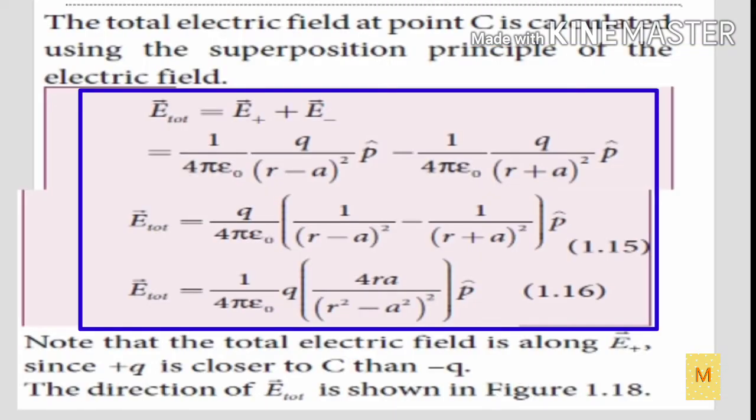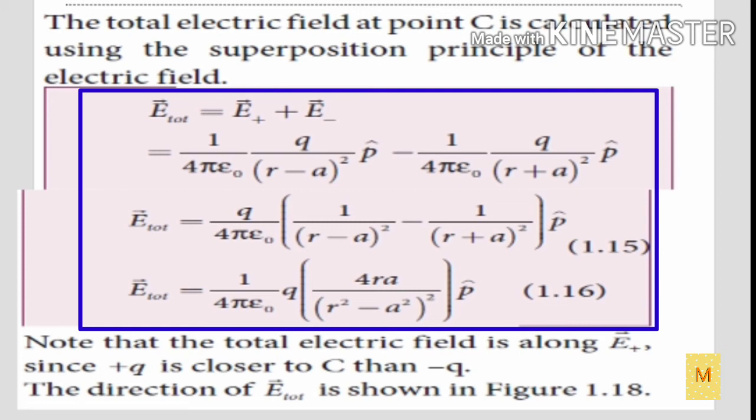Hence, the total electric field at point C is the sum of these two fields, which can be written as E total vector is equal to E plus vector plus E minus vector, which is equal to 1 by 4 pi epsilon naught into q by (r minus a) the whole squared into p cap minus 1 by 4 pi epsilon naught into q by (r plus a) the whole squared into p cap.